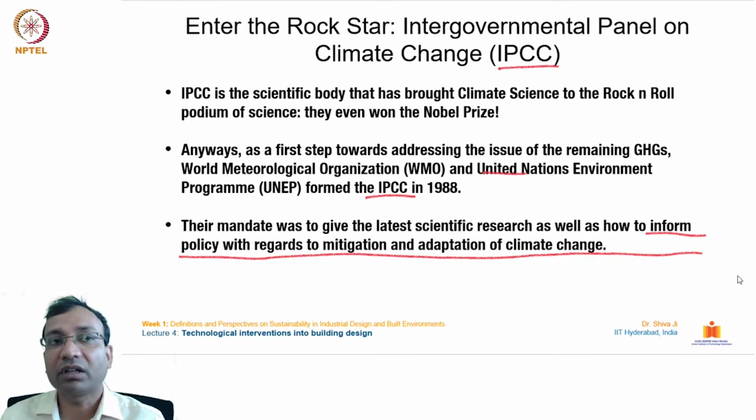They even won the Nobel Prize. Anyway, as the first step towards addressing the issue of the remaining GHGs, the World Meteorological Organization (WMO) and the United Nations Environment Programme (UNEP) formed the IPCC in 1988. Their mandate was to give the latest scientific research as well as how to inform policy with regard to mitigation and adaptation of climate change.